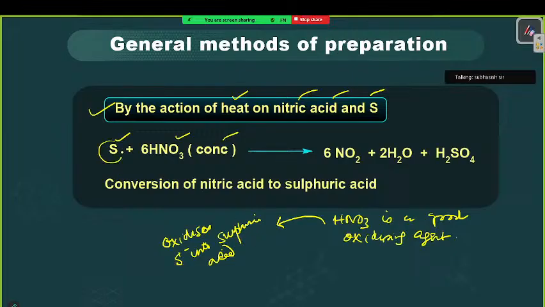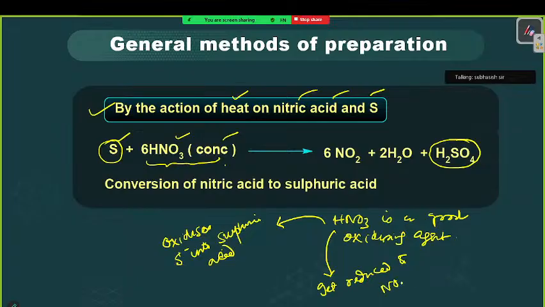So sulfur is converted into sulfuric acid by the oxidizing power of nitric acid. One important point is that nitric acid is a good oxidizing agent, so when nitric acid oxidizes others, it itself gets reduced to nitrogen dioxide. This is the important aspect of this reaction.